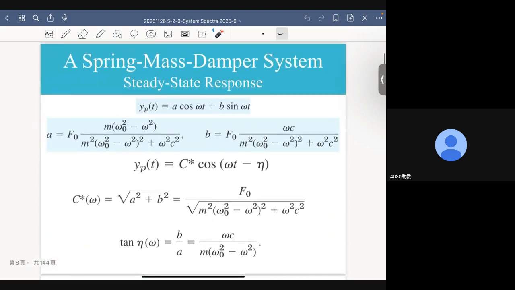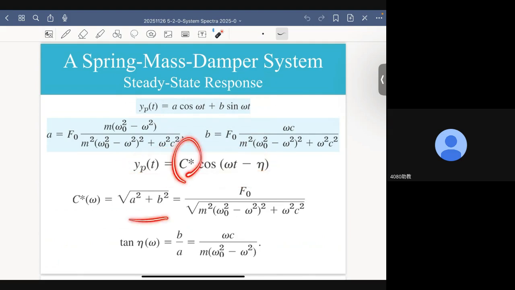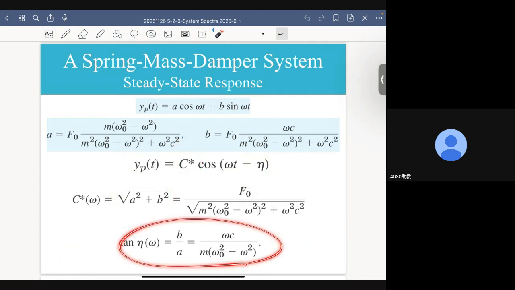Next, instead of using such a representation, which involves both cosine and sine, we prefer to rearrange the representation into this format, all right? Where C star is this, and eta is this.